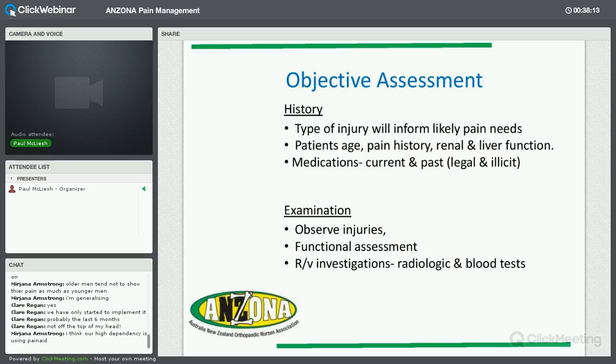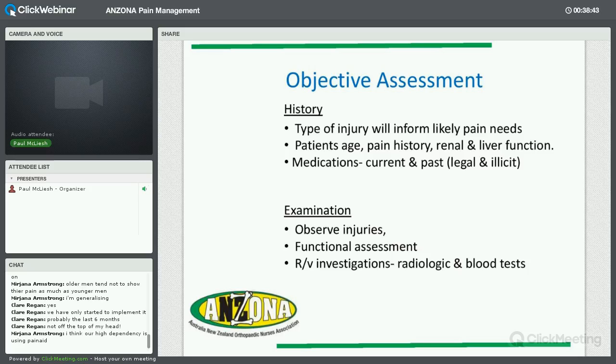So looking at the history, the type of injury, the patient's age, their pain history, their liver and renal function, what medications they're on, if they're taking any illicit medications as well. It's important to think of that, because if you have a patient who can't communicate with you, if you know that they've got a fracture, then it's highly likely that they're going to be in pain, much more than if they don't have a fracture.